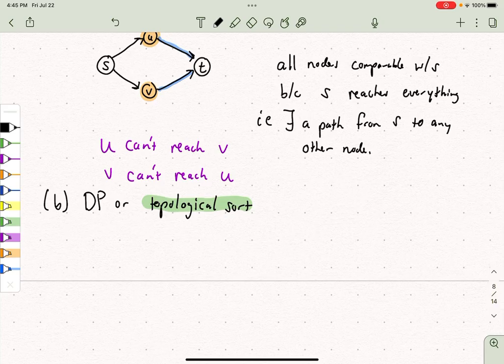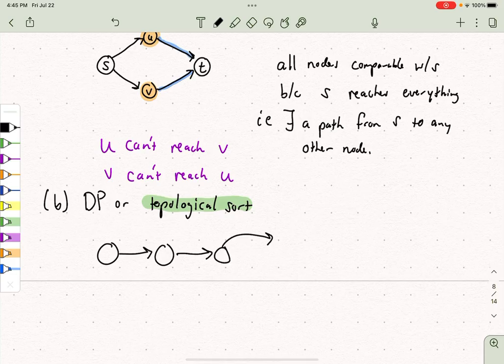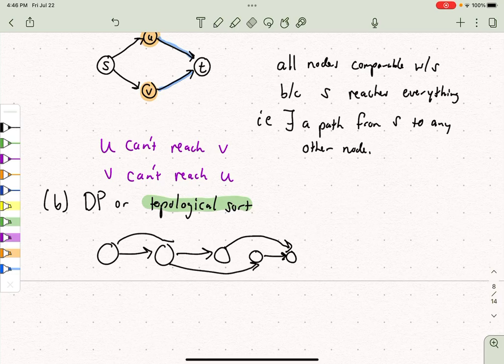So let's say our DAG, if we sort the nodes, looks something like this. This is the topological ordering. Let me draw this edge like this, and then maybe this edge, and maybe this edge.